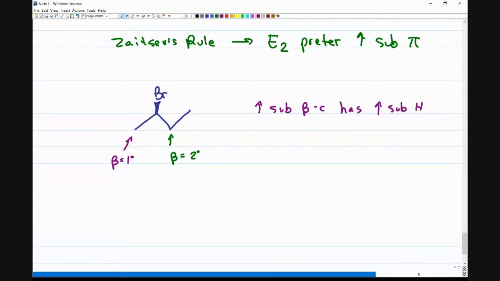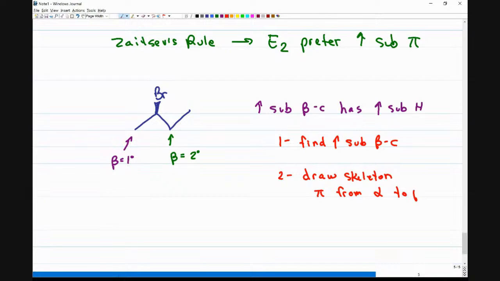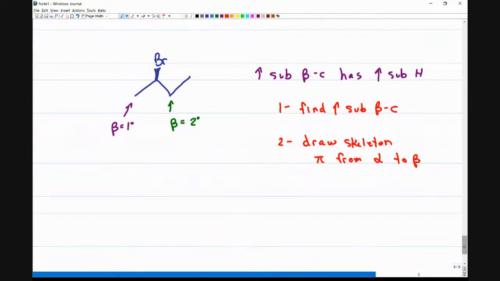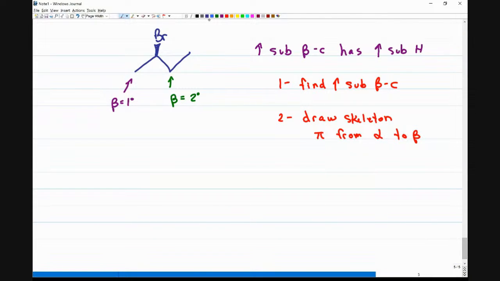So to get the most substituted product, the first thing you want to do is find the most substituted beta carbon that has hydrogen. If it doesn't have hydrogen, obviously it doesn't work. And two, you want to draw the skeleton, the molecule that you started with, and a pi bond from your alpha to beta. So what does that look like? All I do is look at my starting molecule.